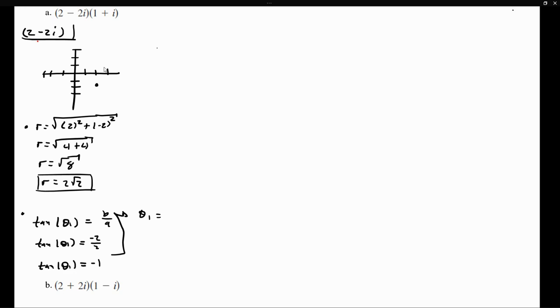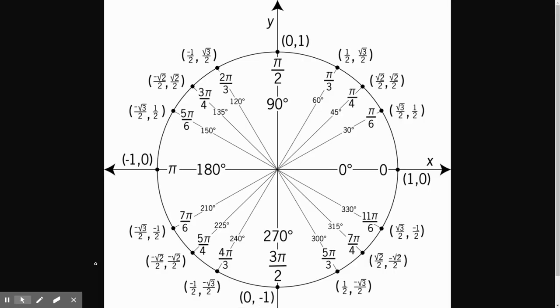So now I know that angle, that will be negative pi over 4. Why is it negative pi over 4? Well, let's go back to our unit circle. We want to find out an angle that if I plug it into tangent, it gets me negative 1. But recall that for tangent, we can only use values between the first and the fourth quadrant.